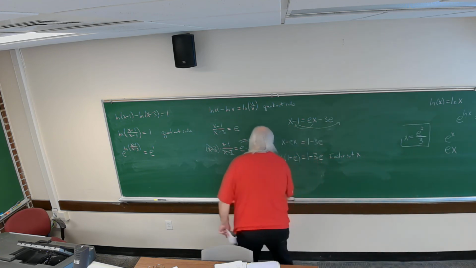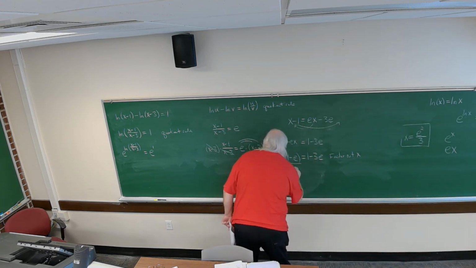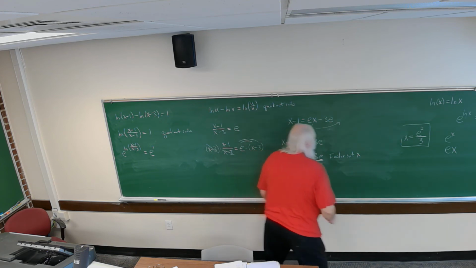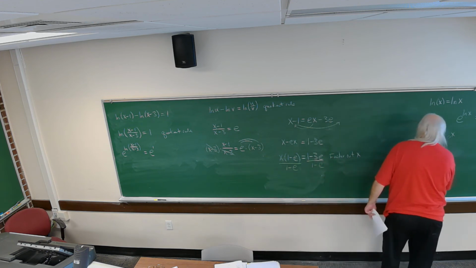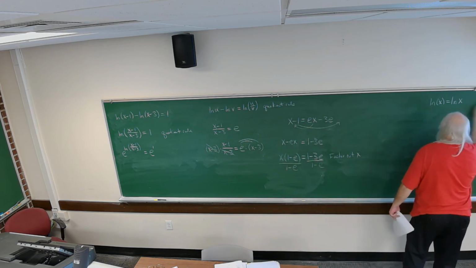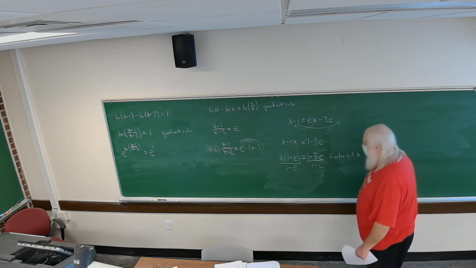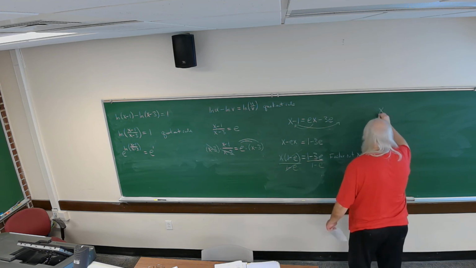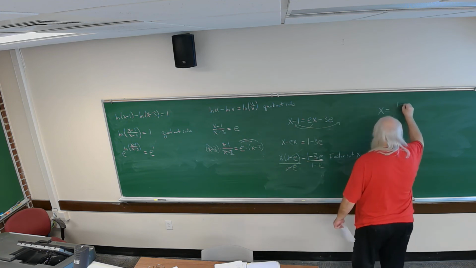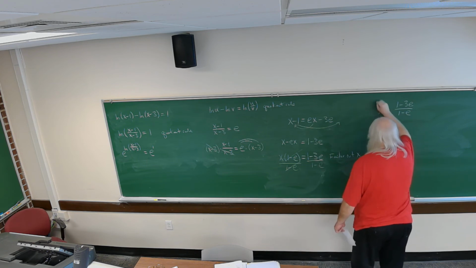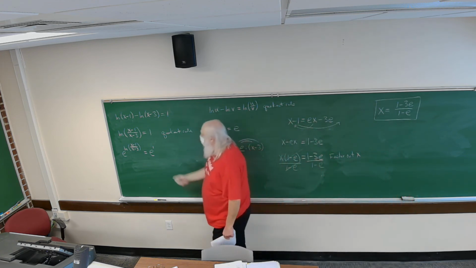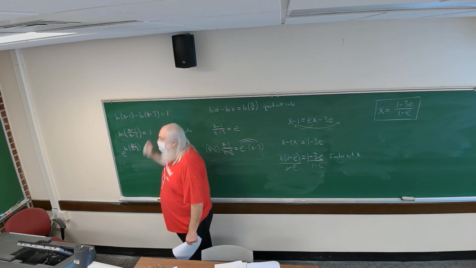And now we can divide both sides by 1 minus e. And we're left with x is equal to 1 minus 3e over 1 minus e. That is the exact solution to our original equation.